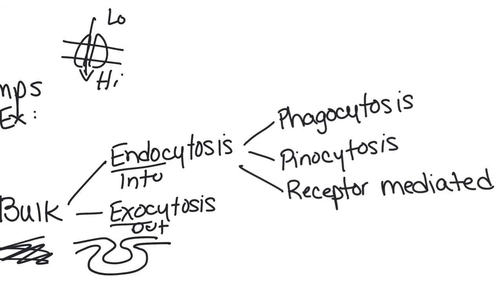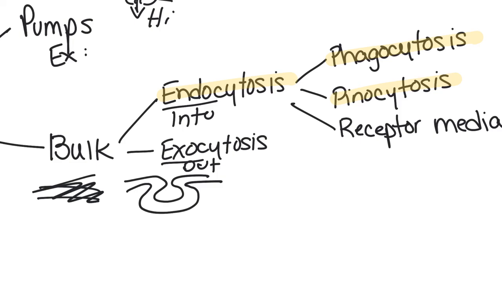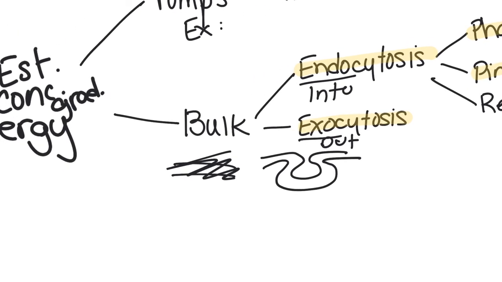It was in the reading, but I wouldn't necessarily have you remember that one quite as well. But what I do expect, hopefully, you remember is the terms phagocytosis, pinocytosis. Both of those are types of endocytosis, which means bringing materials into the cell. It is the opposite of exocytosis, but both of those are forms of bulk transport.